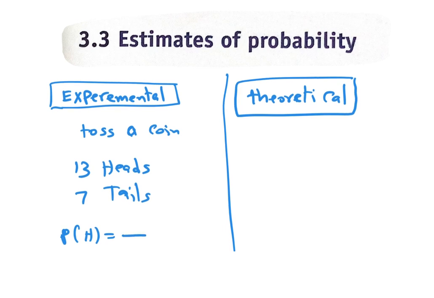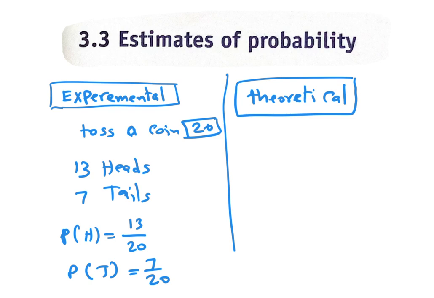You toss the coin 20 times in all. Now you have 13 heads and 7 tails. So probability of head, 13 over 20. Probability of tail, 7 over 20. Okay.